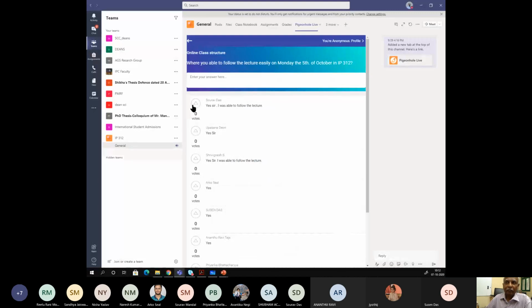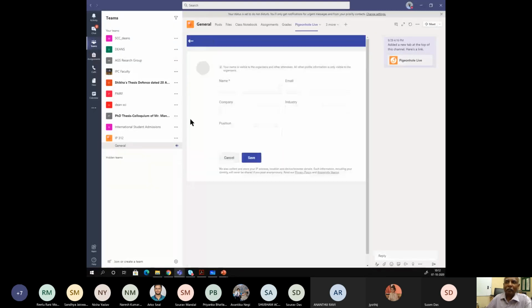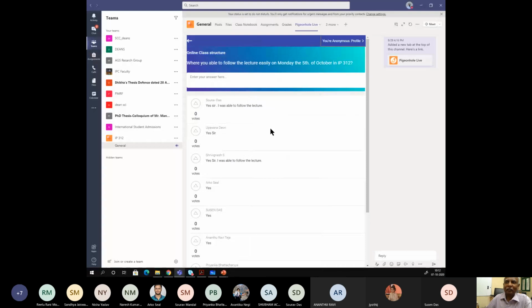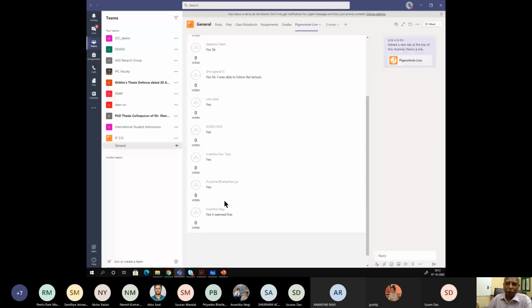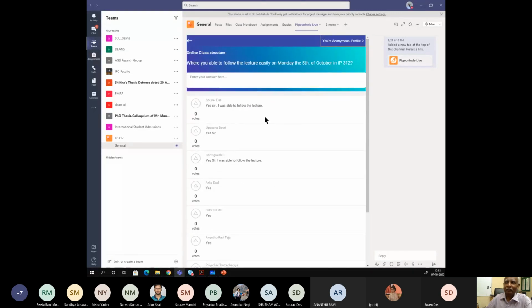That's fine, but you don't have to write it out again. All you have to do is to click on this, and you should be able to just click on it and say you had the same experience. In my case, I have not created a profile first. So what this removes is the fact that you don't have to keep typing in stuff.